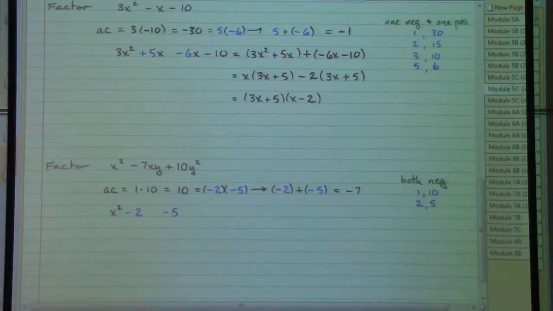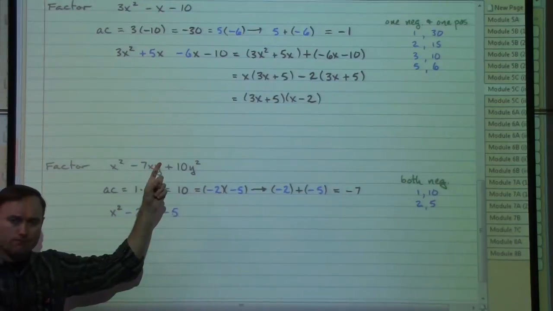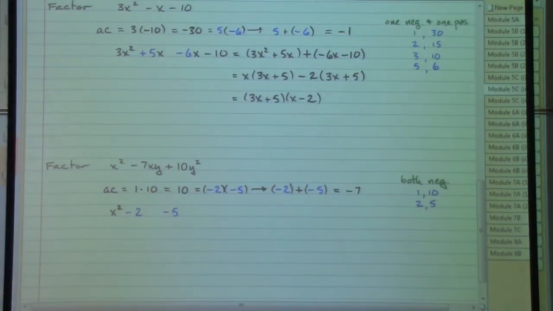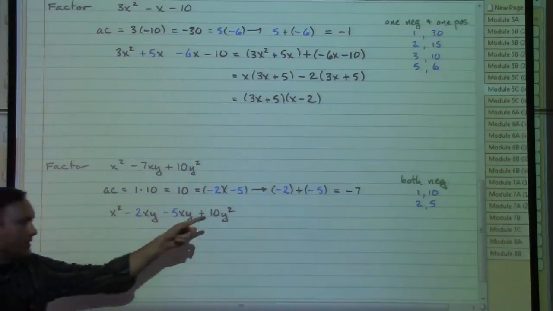Each of those special numbers needs the variable stuff that appears in the middle term. In the middle term, we have both an x and a y, so the negative 2 is going to need to have an xy. The negative 5 is going to need to have an xy. And we keep the last term. In doing so, we have created 4 terms.